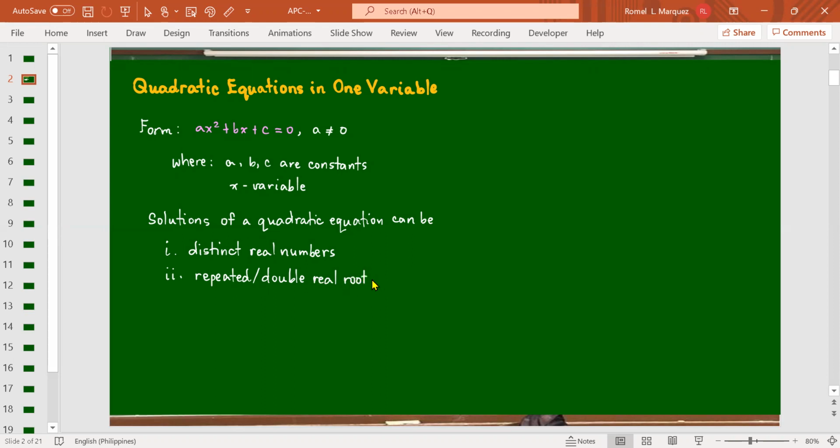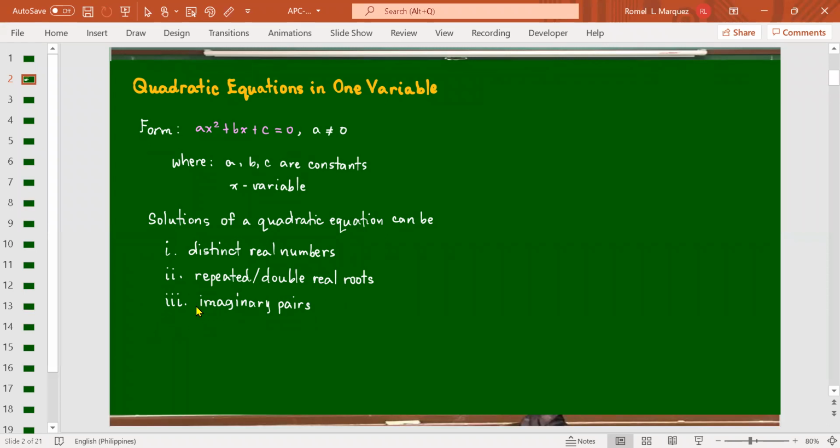Okay, and they are both real, but identical. It is also possible to be an imaginary pair. Okay.